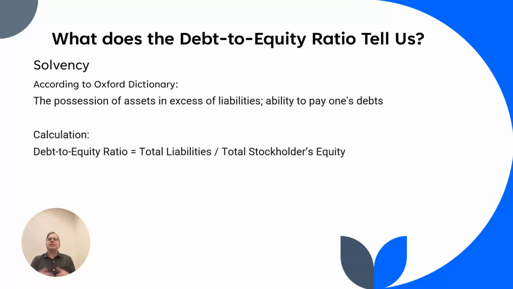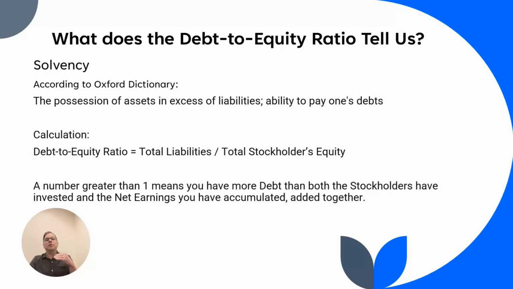It's total liabilities divided by total stockholders' equity. Now, in some places, what you'll see is it's the total long-term liabilities divided by total stockholders' equity. So make sure you understand which one is being used. Now, a number that is greater than 1 means that you have more debt than both the stockholders have invested, what they've put in, and the net earnings that you have accumulated and added together.